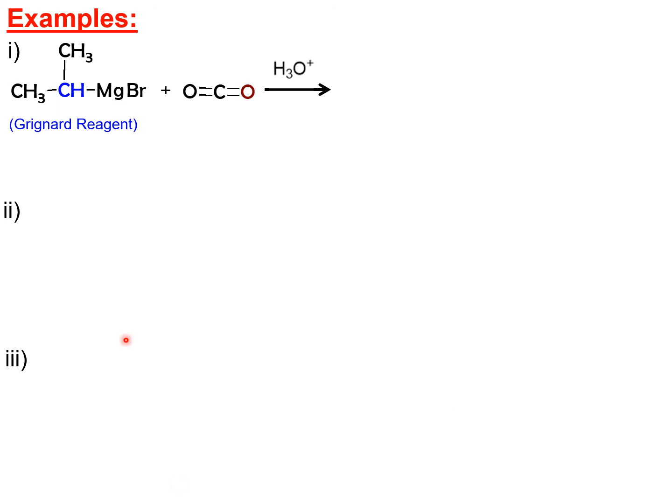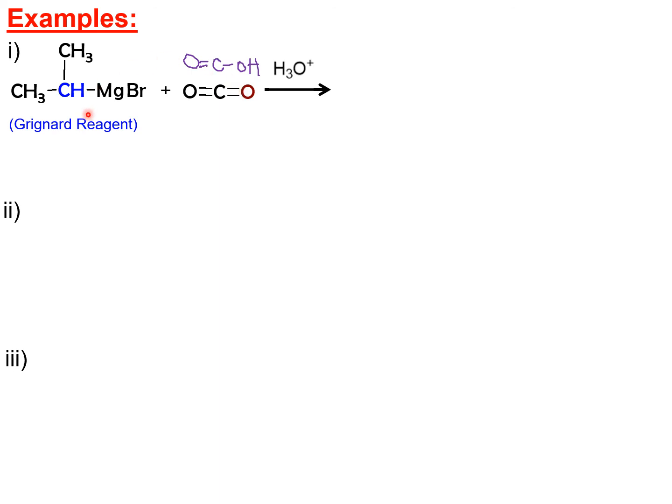Alright guys, so if let's say you ada this kind of Grignard reagent, dia react dengan carbon dioxide and further hydrolysis. Okay, carbon dioxide bila dia further hydrolyze, dia akan menghasilkan C double bond O OH. Kiranya one of the double bond saja yang hydrolyze jadi OH. Okay, that's why kamu akan form carboxylic acid. Macam mana kamu form carboxylic acid?